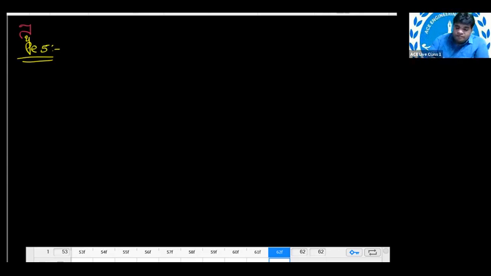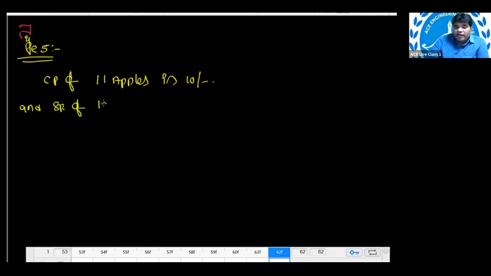Type 5. The cost price of 11 apples is 10 rupees and the selling price of 10 apples is 11 rupees.